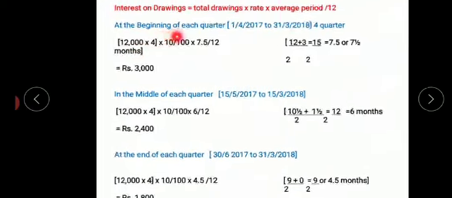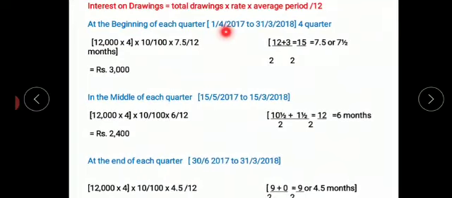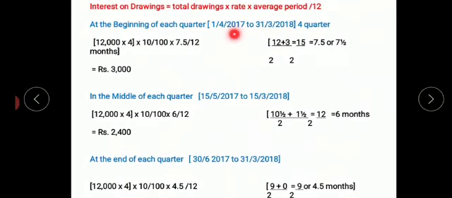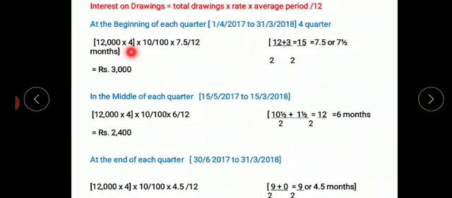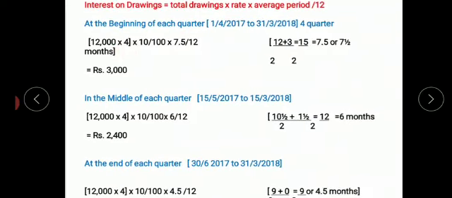So if it's at the beginning of each quarter, how will the beginning be? From April it will start, April to 31st March. In between you will be having 4 quarters. That's why we have to multiply 12,000 into 4. How will the quarters be? 12 plus 3. The first quarter I am having from April, May, June, July, so till July.